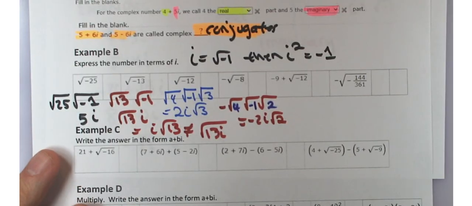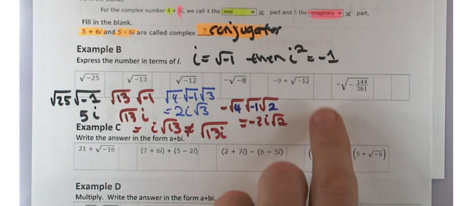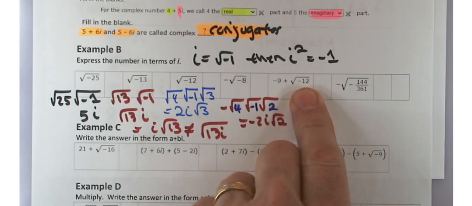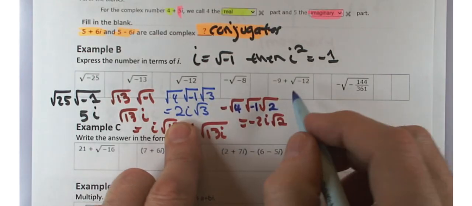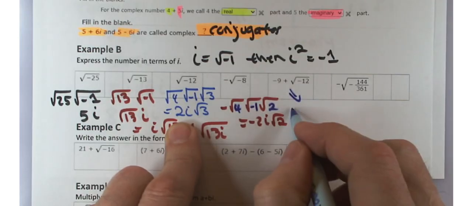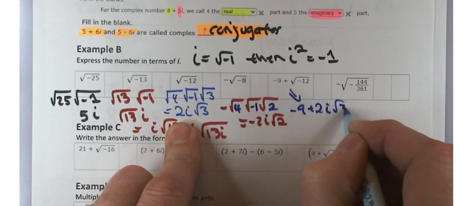Yeah, negative 2i times the square root of 2. Perfect. Thanks, Laura. Now, we've already done the square root of negative 12, right? That was just this right here. So I'm going to write this one as negative 9 plus 2i square root of 3.